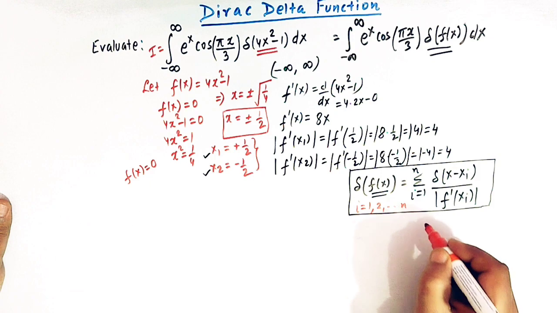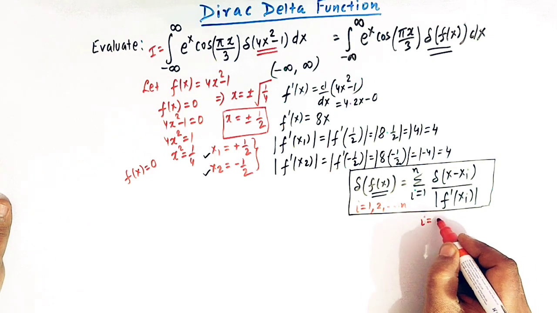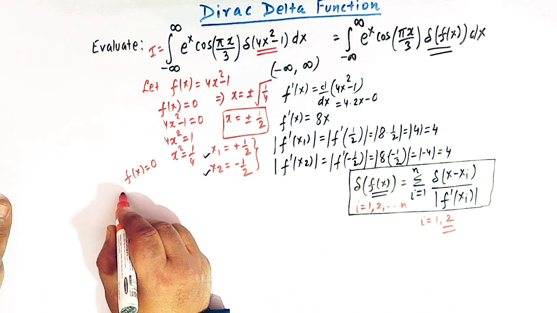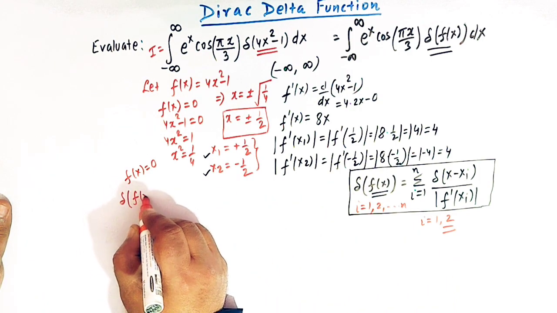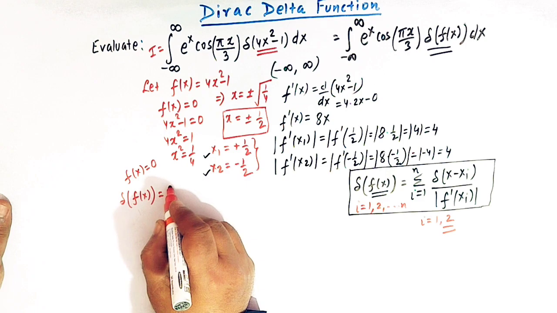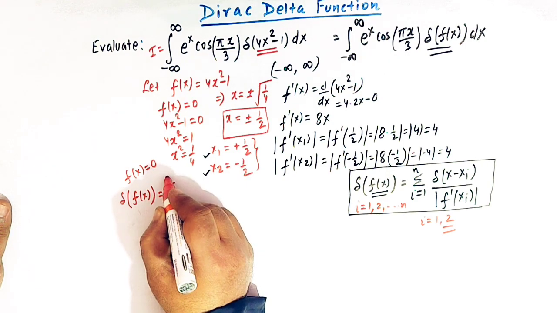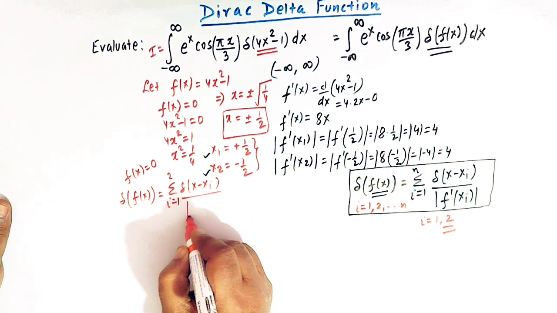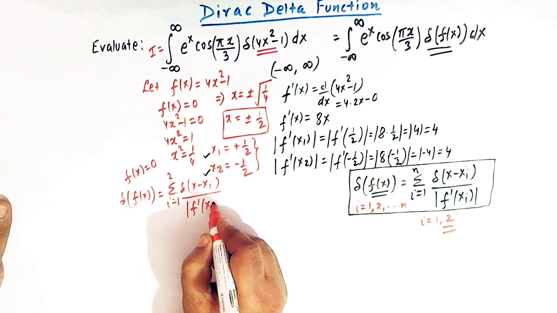So our value of i runs from 1 to 2 only. So now we can write delta of f of x as the sum for i equal to 1 to 2 of delta of x minus xi over mod of f prime of xi.